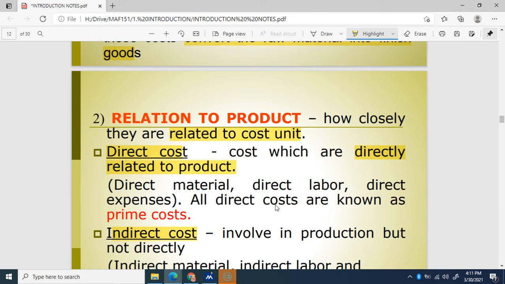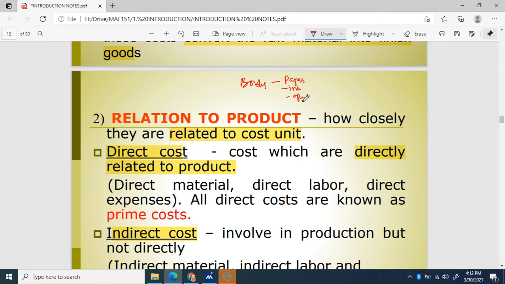For example, in producing books, the direct material will be papers, ink, and glue.